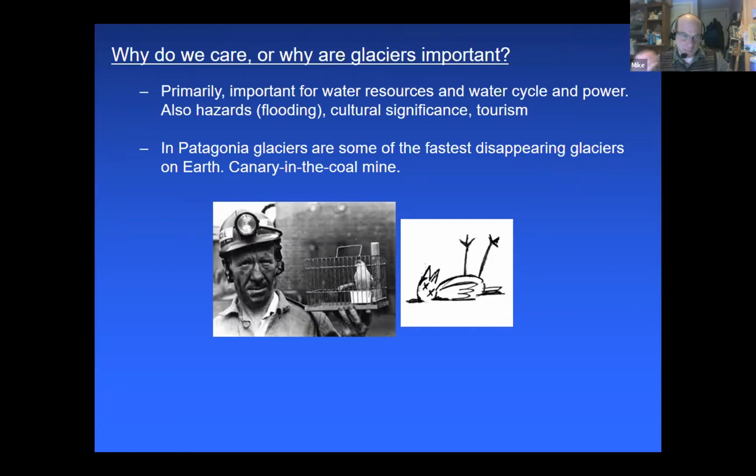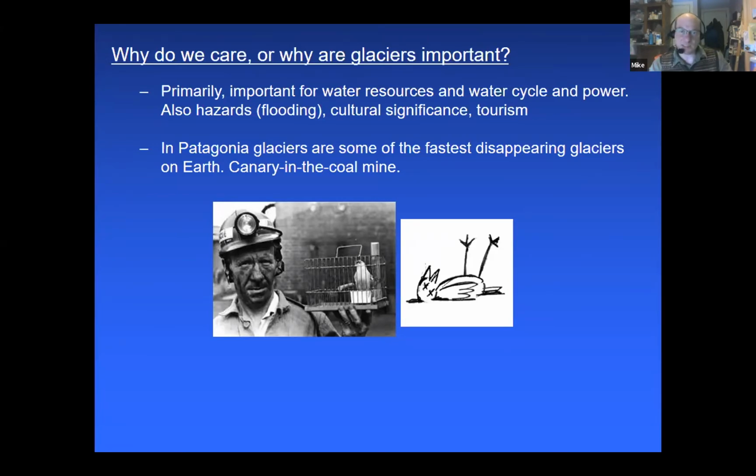Just like the miners used canaries to know when the first signs of there being too much gas in the mine and that they had to leave the mine, we often say glaciers are this first indicator, at least a few decades ago, of changing climate.